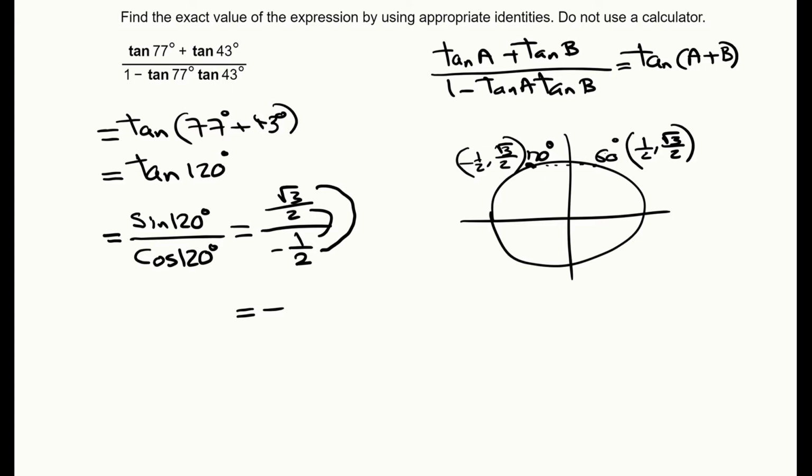We'll take care of that so we don't forget it. And then we have 2 radical 3, that's the outer product, over the inner product, which is 2. And of course, we can cancel out the 2's and we end up with negative radical 3. So that's how you would handle a problem like that. All right. So that's for that one. Let's move on to another.